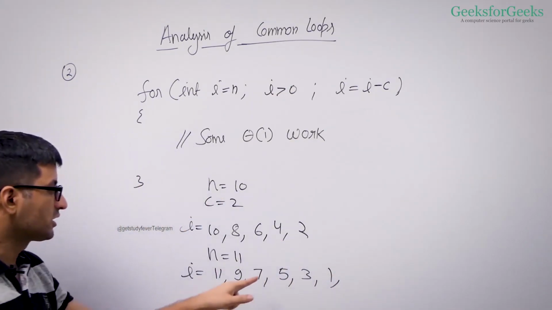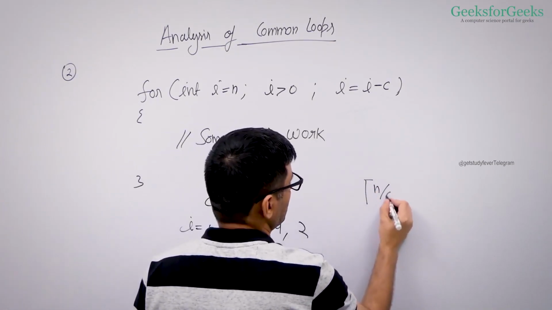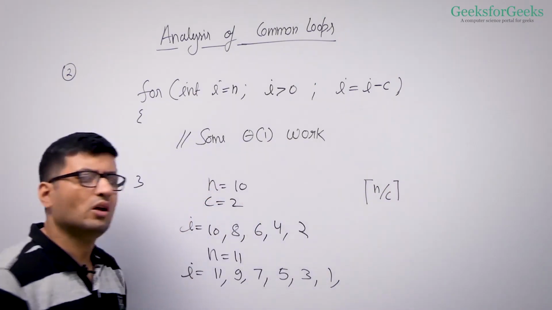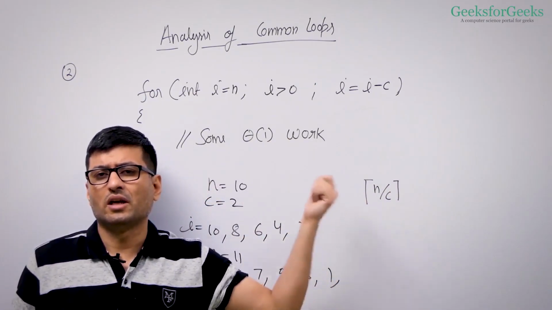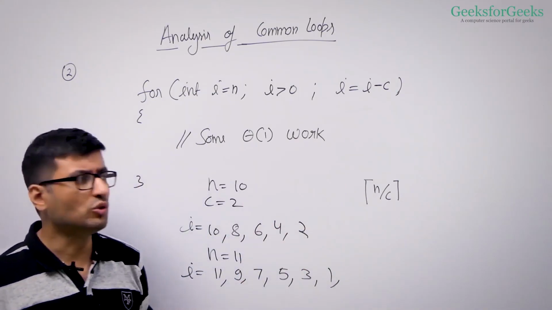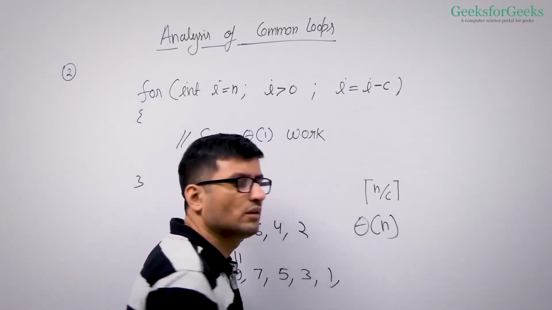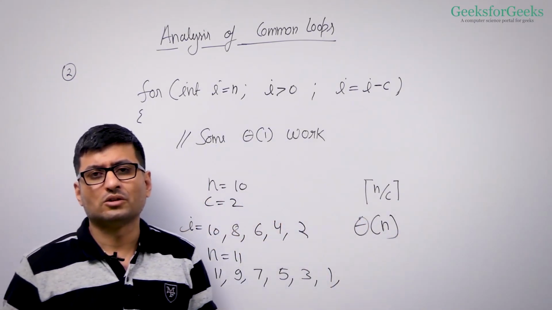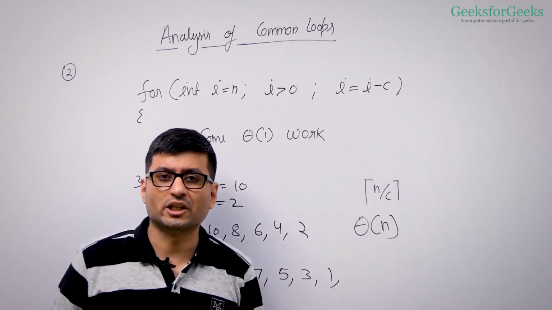Right. So it runs 6 times. So we can say it runs ceiling of n by c times. We can ignore the constants, right? And we can say that the order of growth of this loop is theta n. So this particular part of the code has theta n time.